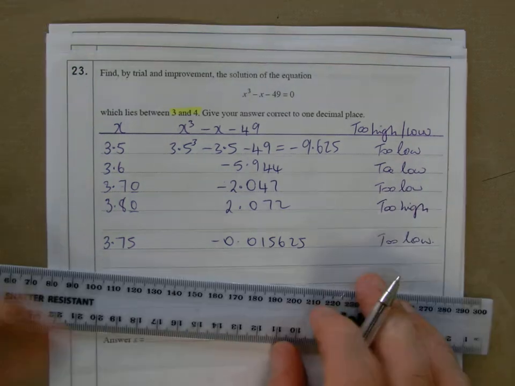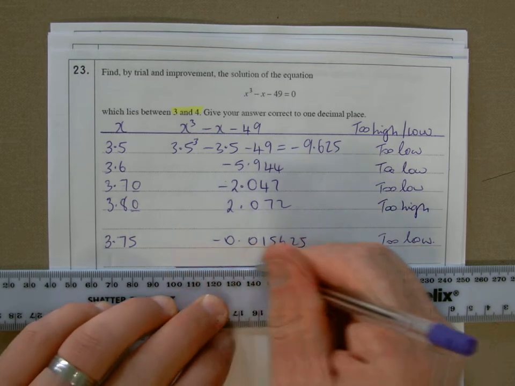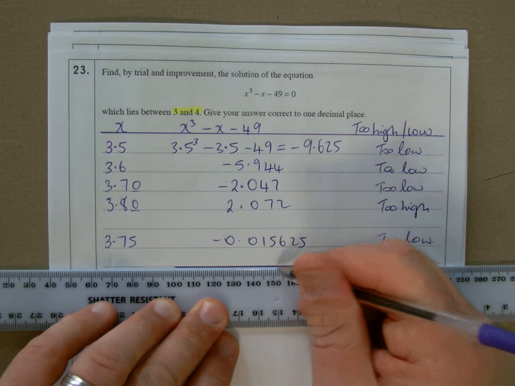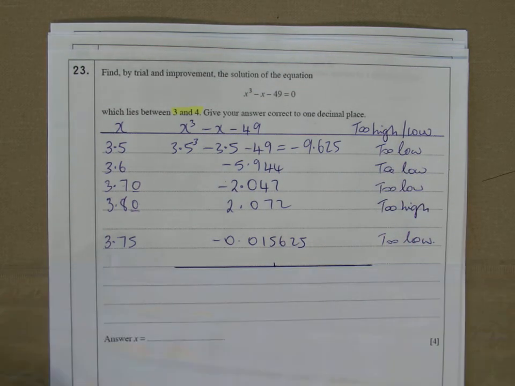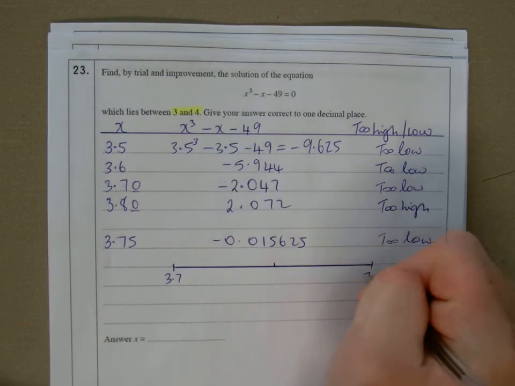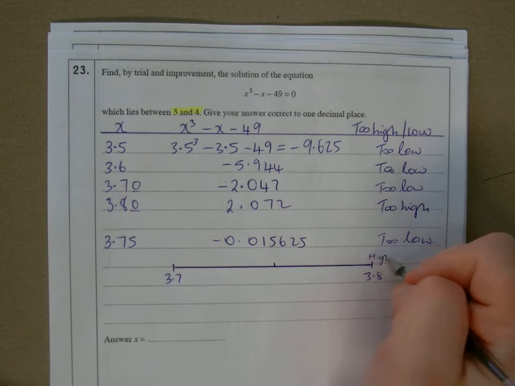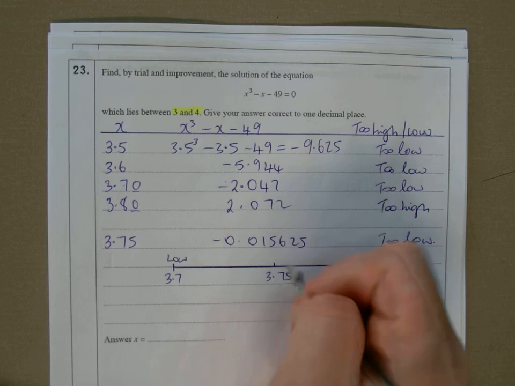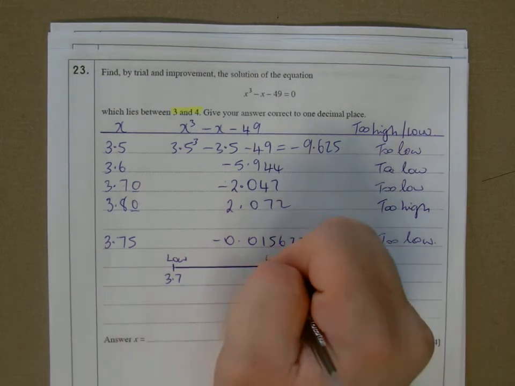So what I do then is I draw a little number line, just to help me see this visually. I draw the number line to be 10 centimeters, and I mark it halfway, at 5 centimeters. I'm going to put my 3.7 at this end, 3.8 at this end. Now I knew 3.8 was too high and 3.7 was too low. And we check then in the middle, which we did, 3.75, which is also too low.